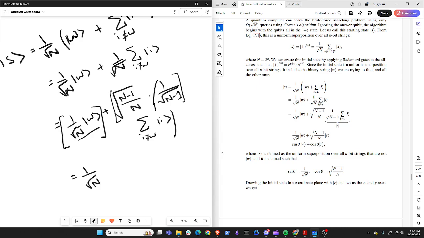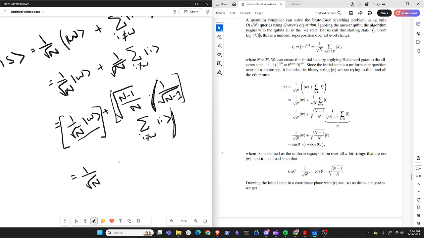So this is the amplitude of W, the single state in our superposition that matches what we're searching for, and this is the amplitude of getting the other states, the uniform superposition over all n-bit strings that are not the winner, 1 over square root of n minus 1.